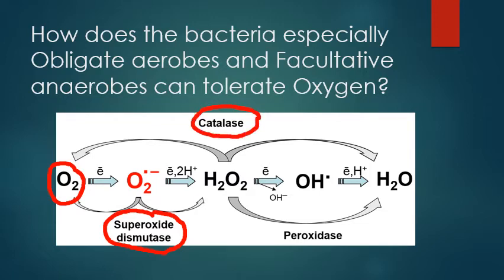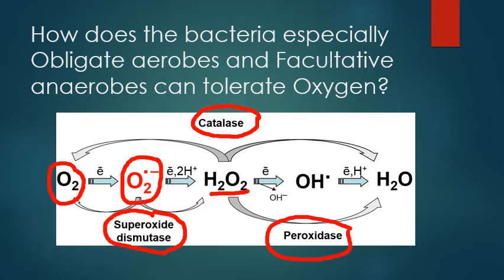Okay? So, kapag una, yung oxygen, using your superoxide dismutase, nagiging peroxide na lang yung oxygen. So, with the presence of hydrogen, it would become hydrogen peroxide. The bacteria would actually also have a peroxidase to convert it into water.